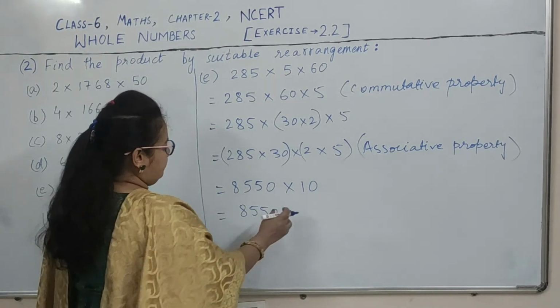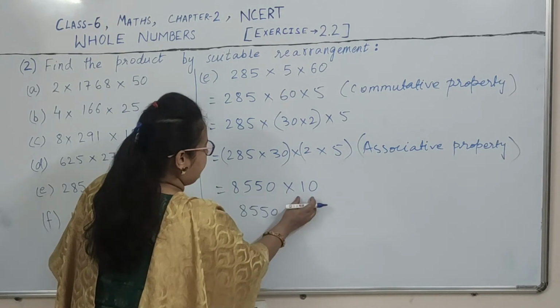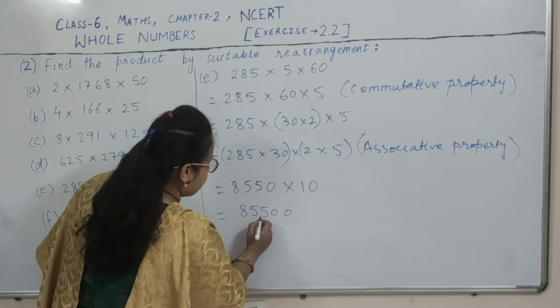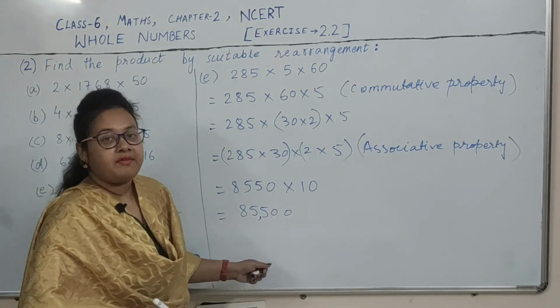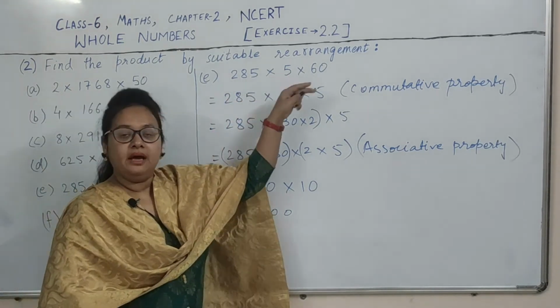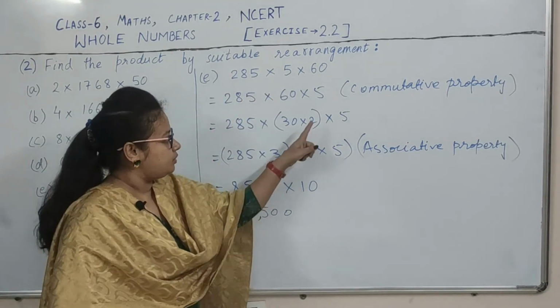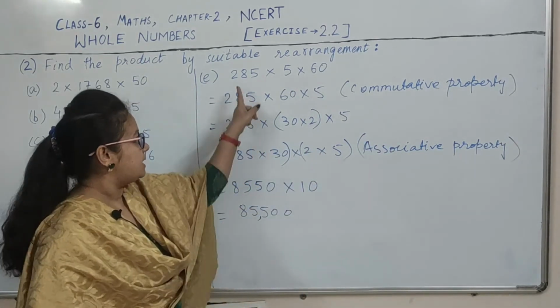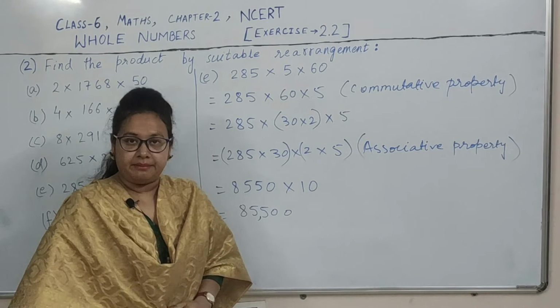See, we got this one. See, anything multiplied with 10, the same number and this 0 has come here. So what is this? 85,500. So we have done this multiplication by suitable rearrangement. Okay, so understood this? We have made use of the commutative and associative properties for finding the product of these three numbers. Understood?